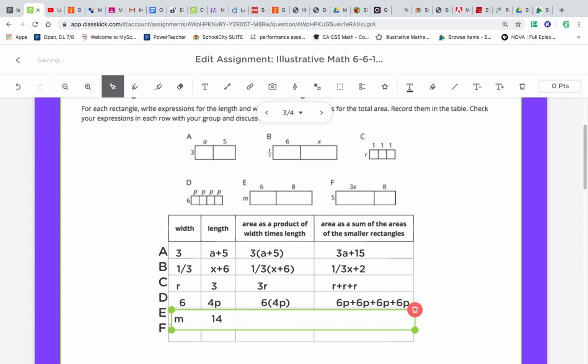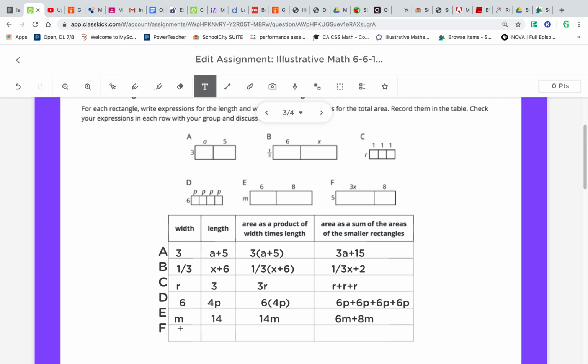We like to call that 14M. And then for the last part here, this would be M times 6, which would be 6M, plus M times 8, that's 8M. If you take 6M and 8M, add them together, you are going to get 14Ms. So again, equivalent expressions.